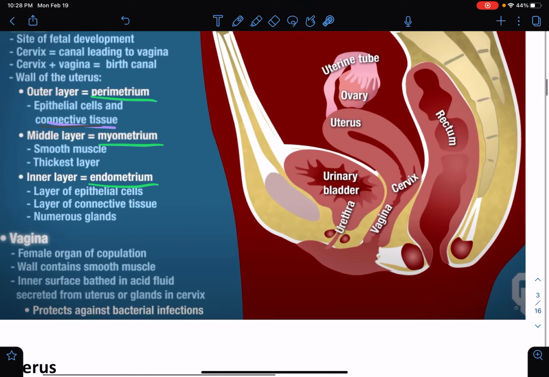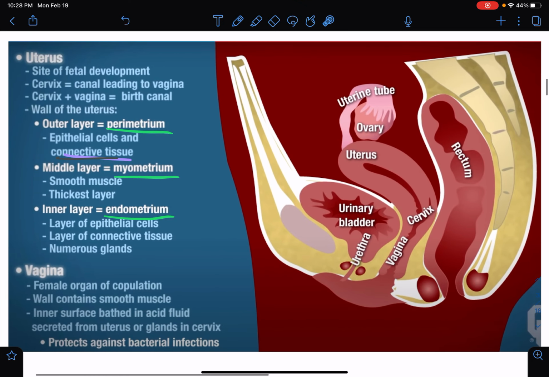Okay, so for the vagina, this is the female organ of copulation. I believe the male counterpart for this is the penis. So those two organs are involved in copulation. It contains smooth muscle, which is important for, in a way, delivering the baby after 9 months.